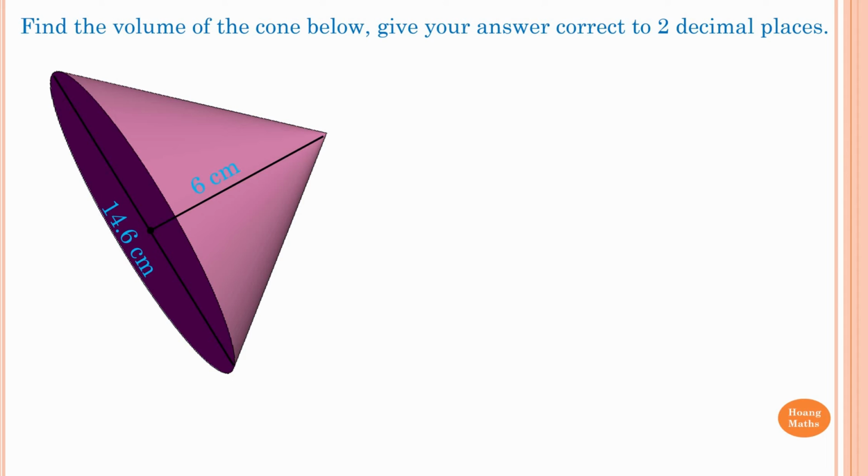So we know volume of a cone is 1/3 area times height. Okay, so 1/3 of area of the base, which is a circle. So 1/3 of pi r square h. Now the diameter is 14.6. So the radius must be equal to 14.6 divided by 2.